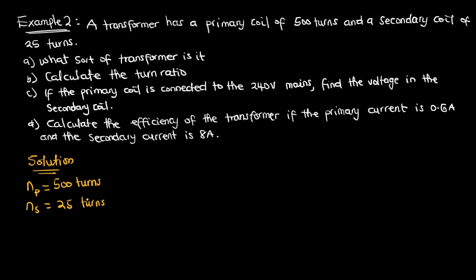Now they are asking us what sort of transformer this is. If the primary coil has more turns than the secondary, this is a step down transformer because it is moving from 500 to 25. But if it is moving from a lower number in the primary to a higher number in the secondary, it is a step up. So this is a step down transformer.